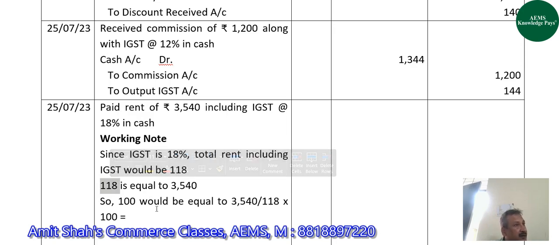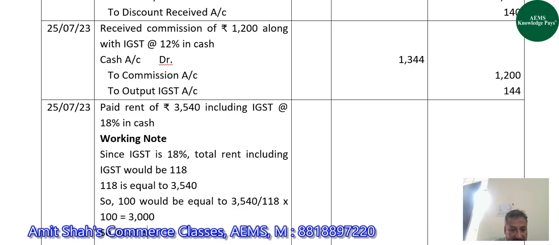Rent including IGST is 3540 and that is given to us. Out of this 118, the amount of rent is 100. So how much would 100 be equal to? That is what we are calculating. So 3540 divided by 118 into 100, that is 3000. Is it clear, guys, or not?